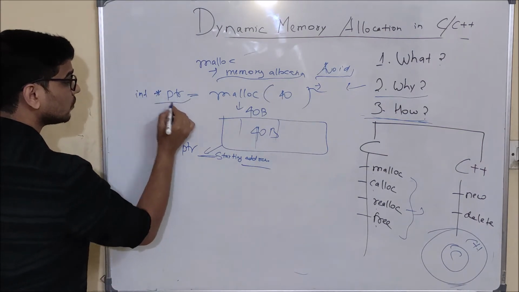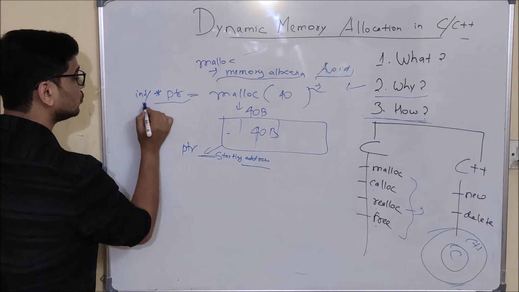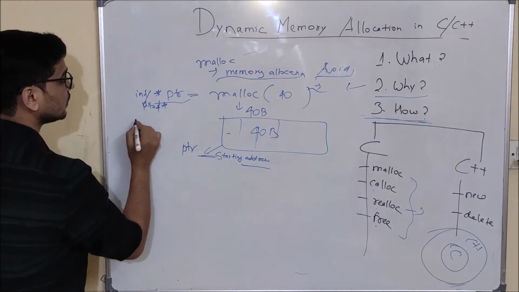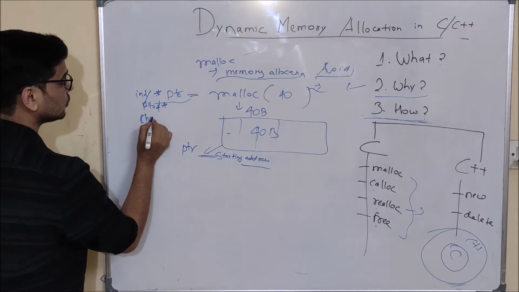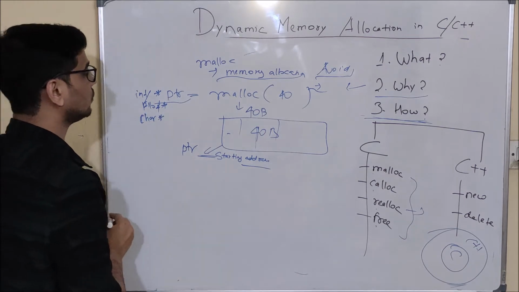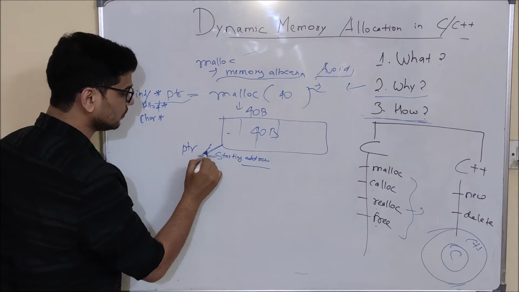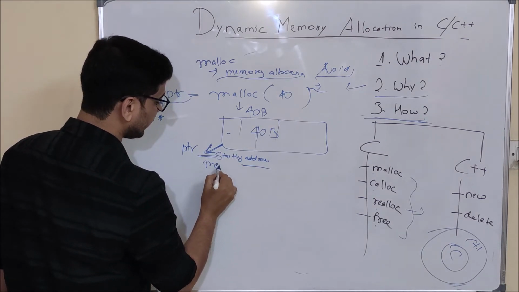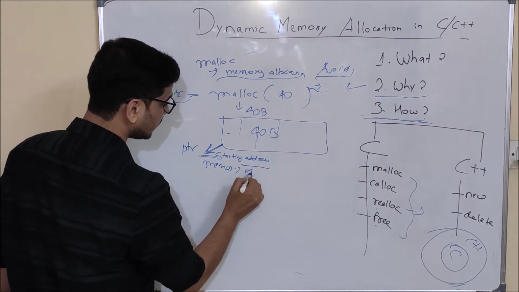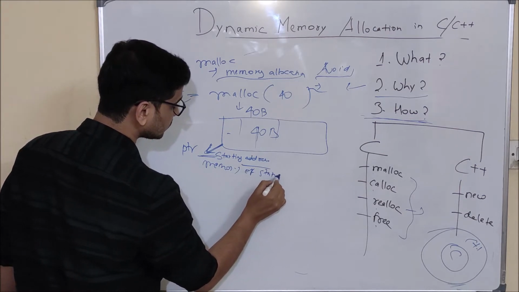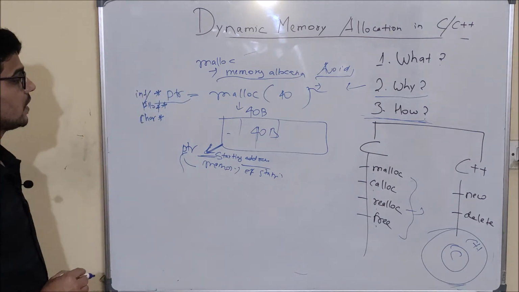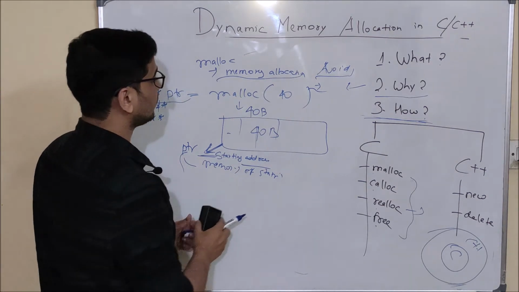Suppose I want to store float here, so I will write float star. And suppose I want to store char here, then char star. So basically the most important thing is that it will return the memory address of the starting byte, and I need to store it in some pointer. Okay, so this is what malloc is.